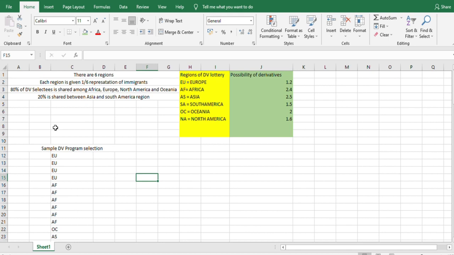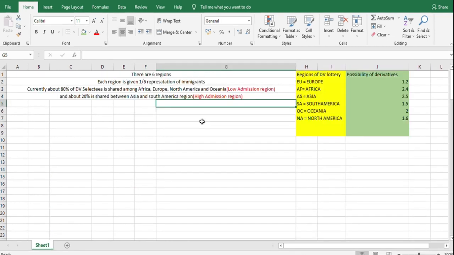If a region has a representation above 1/6, it is called a high admission region. On the other hand, if a region has less than 1/6 of the total immigrant representation within the last 5 years, it is called a low admission region.